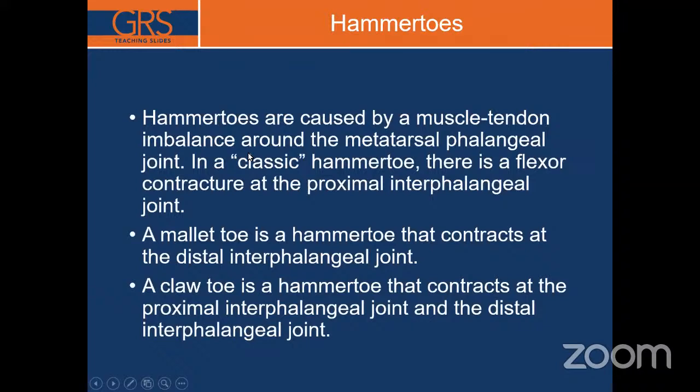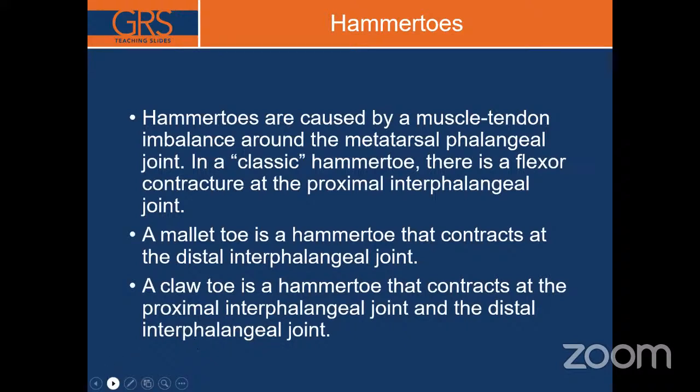In a classic hammertoe, what we're going to see is flexor contracture at the proximal interphalangeal joint, but the distal joint you are going to see as extended. Mallet toe is contracture at the distal interphalangeal joint. Claw toe is a hammertoe with contracted distal interphalangeal joint as well, so it contracts at both the proximal and distal interphalangeal joints.